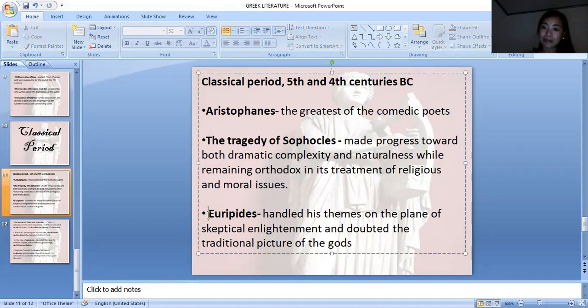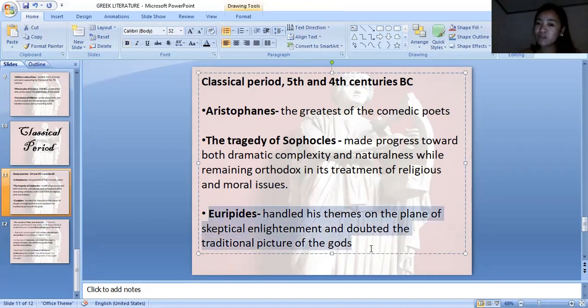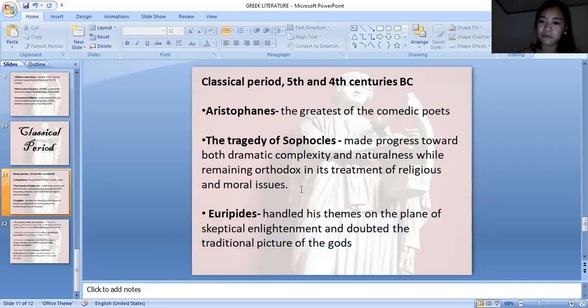So this is your assignment. Look for a writing of Euripides and criticize it. Tell to me ano yung writing niya about sa perception niya sa God. Ano yung idea niya about God? What makes him different from the other writers of the classical period?